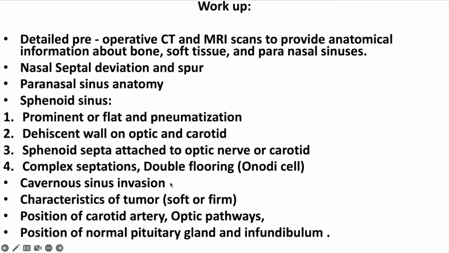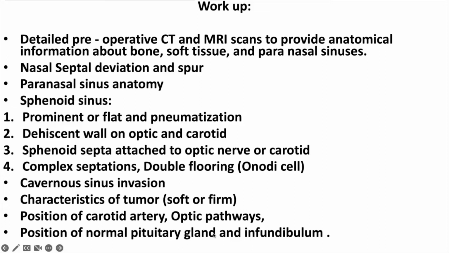You should also see whether there is any cavernous sinus invasion, and if it is there, then what type, the characteristics of the tumor, whether it is firm or soft, and where is the position of the carotid artery and the optic pathways, including the chiasma. What is the position of the normal gland?